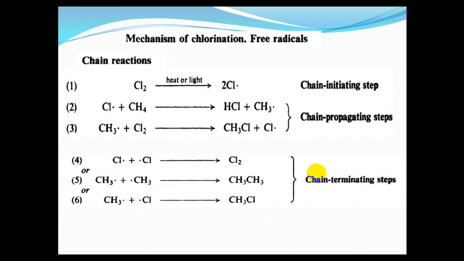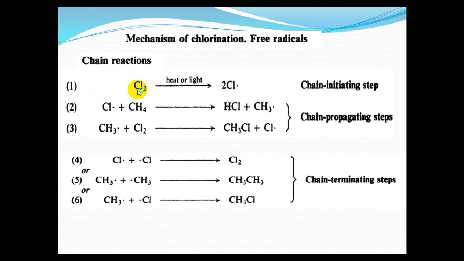The mechanism for chlorination of any alkane proceeds by a free radical mechanism, and the free radical mechanism includes many steps. This type of mechanism or reaction is called chain reaction. Chain reaction contains many steps. The first step produces free radical of halide.